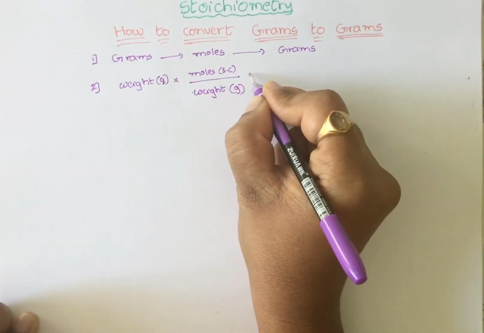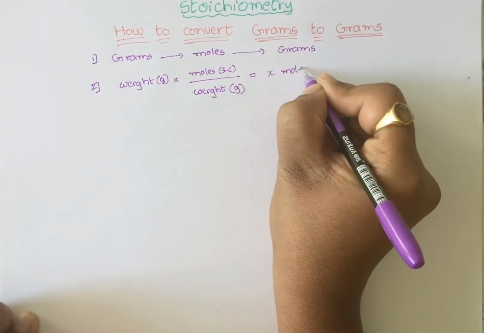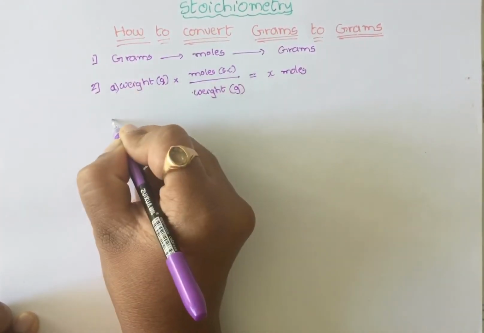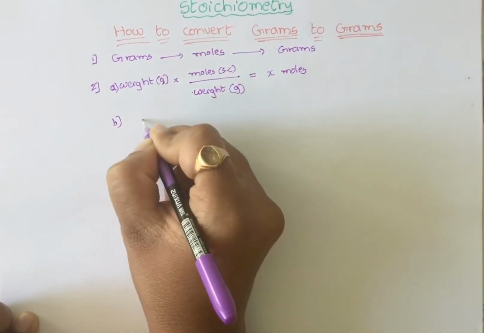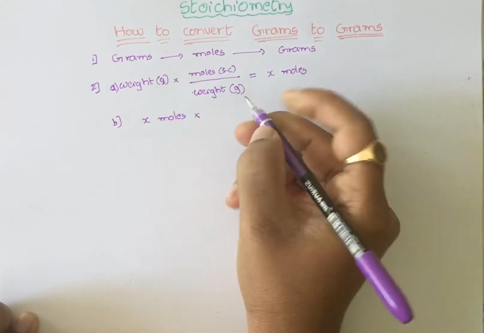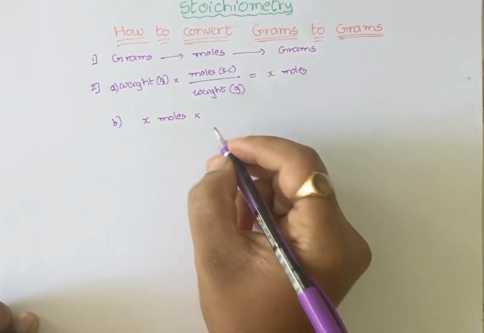How can we convert these moles? You will get, let's say, x moles. That is the first step. In the second step, you take this x moles of the given substance and multiply it with the grams of the required substance. Whose grams do you want to find?